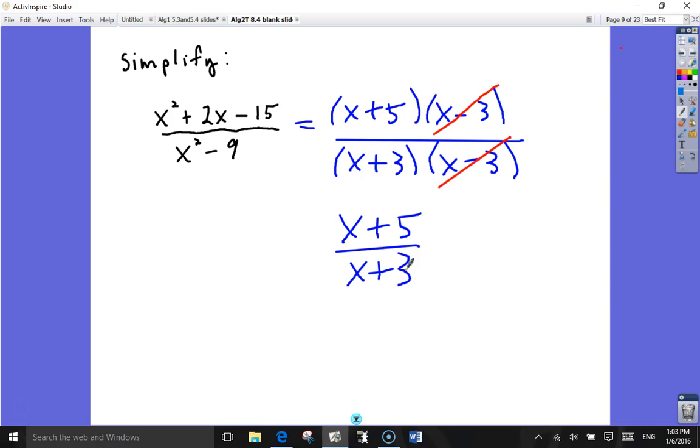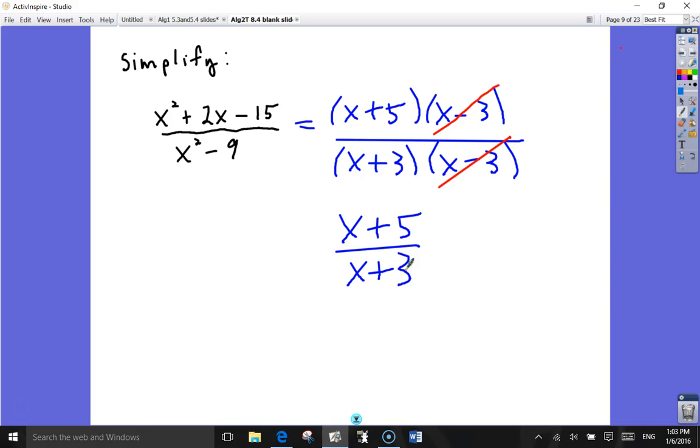I'm going to add one little piece that I didn't do in the same order in the last class, but what would you say is the domain of that? X equals negative 3?